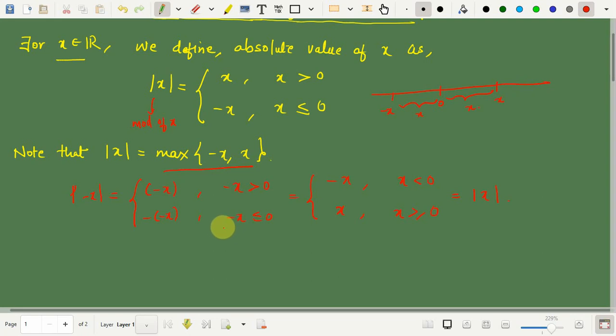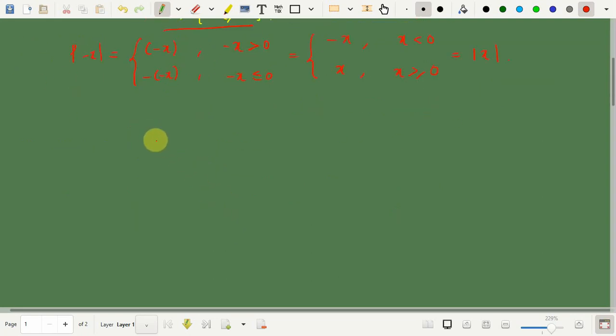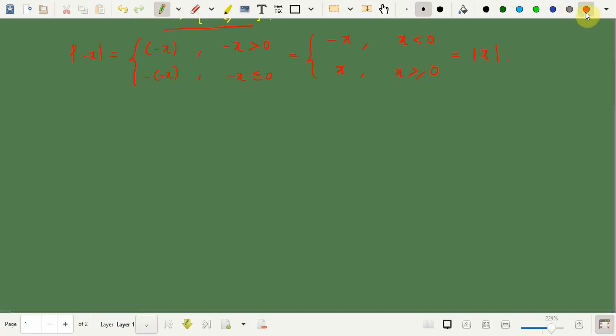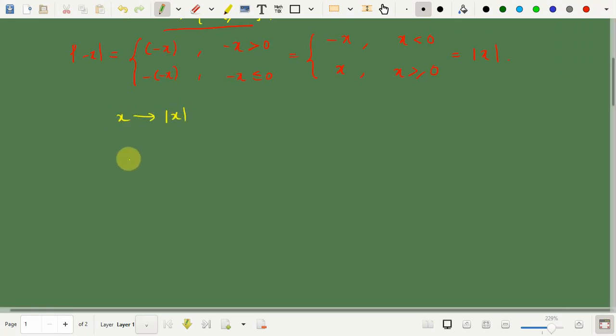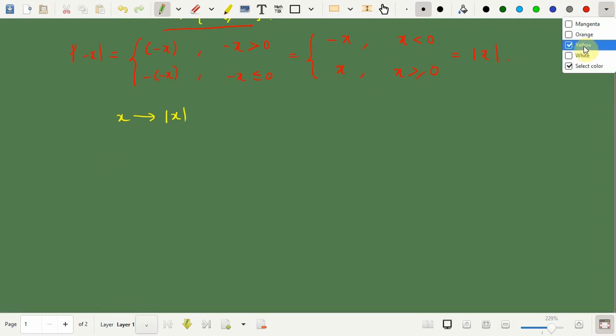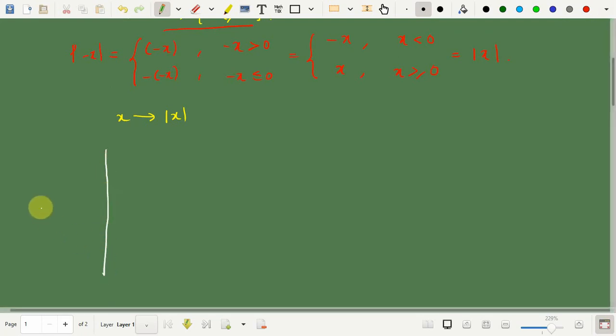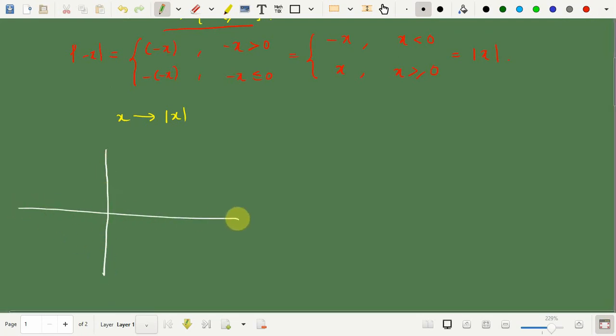So, this proves that mod of minus x is the same as mod of x. Now, if we observe this as a function which takes x to mod of x, then since it is a maximum of x comma minus x, it can be derived from the graph of the line x is equal to y and x is equal to minus y.